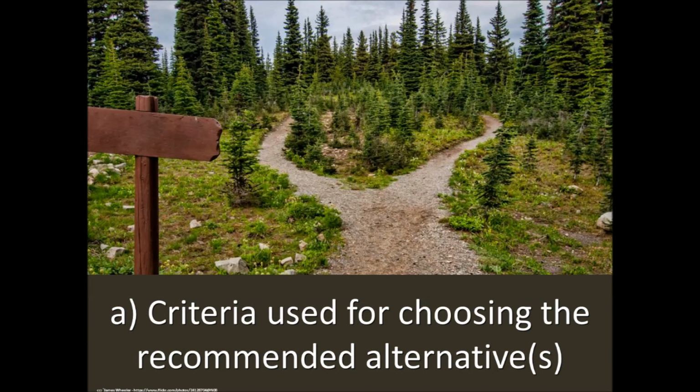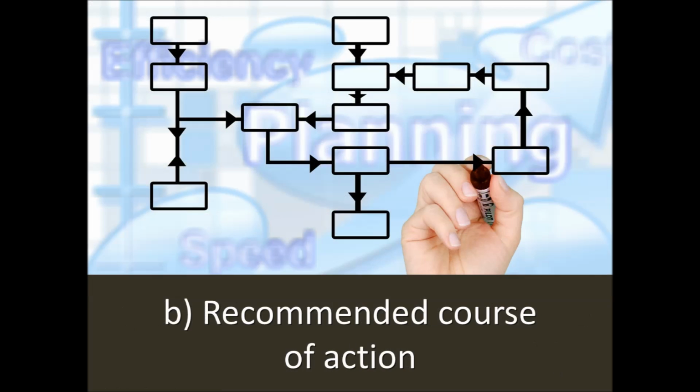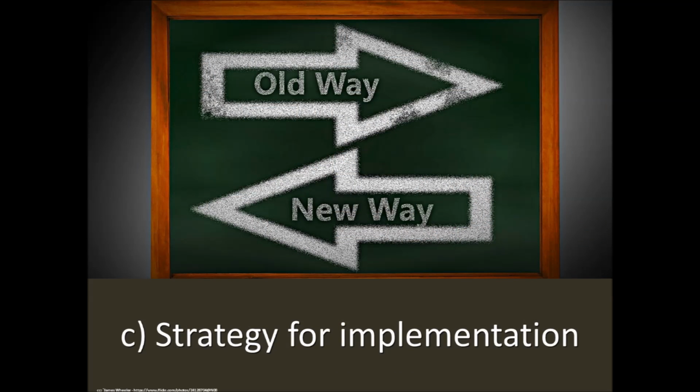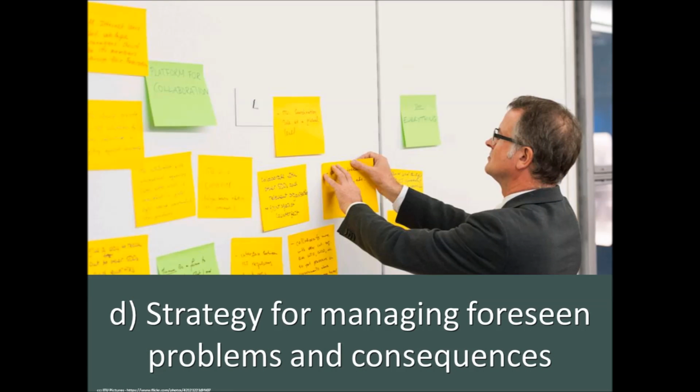Policy recommendations need to lay out how and why you chose the particular recommended alternatives that you did, lay out what course of action you recommend your clients to take, discuss strategies for implementing those courses of action and what kinds of resources would be involved, and then finally work out a strategy for managing those problems and consequences that you can foresee coming out as a result of your policies.